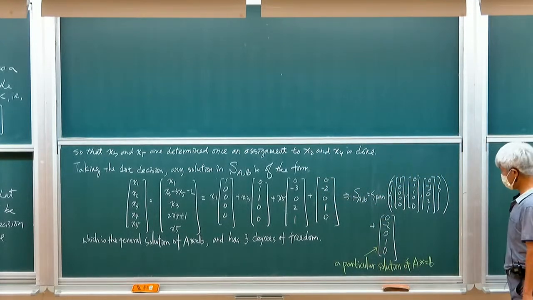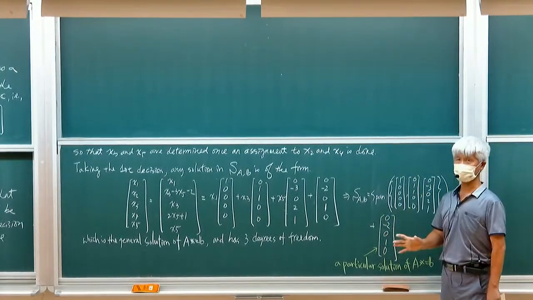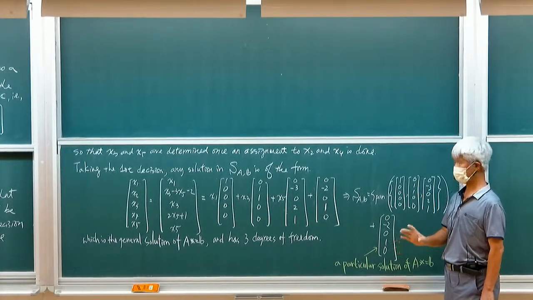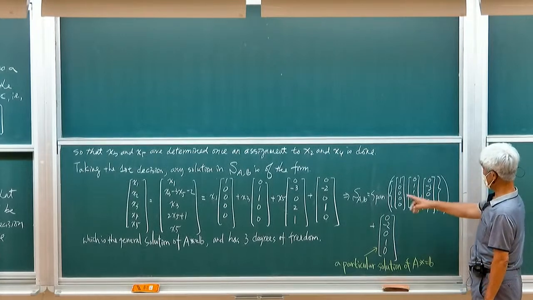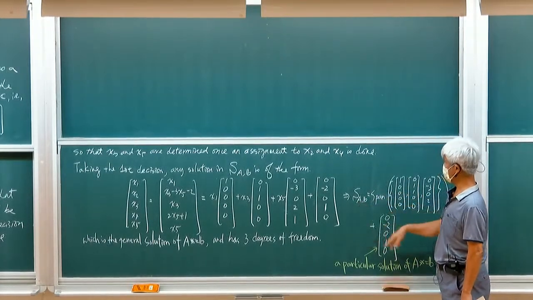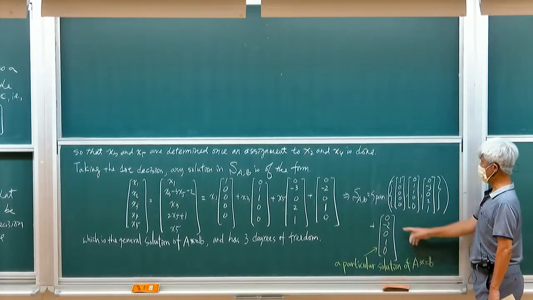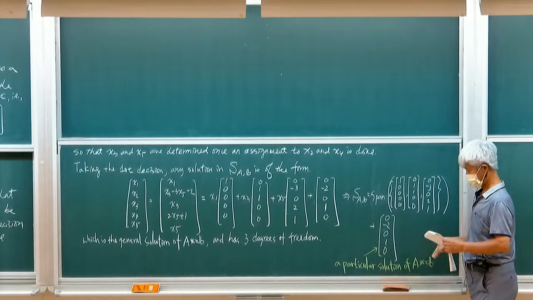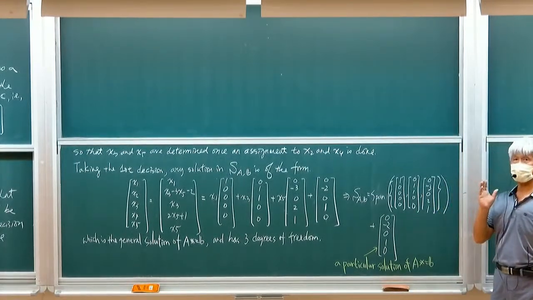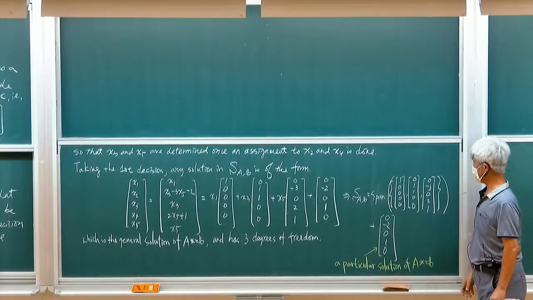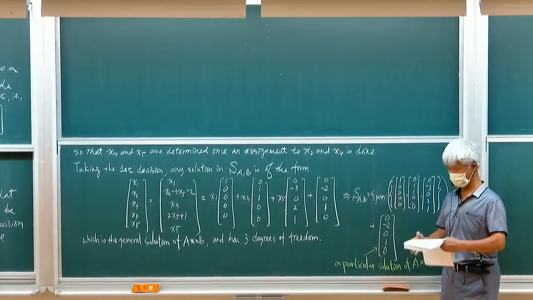Of course, you can find other particular solutions, but this is one of them. So the solution set is the span of the 3 vectors plus the particular solution. We will examine the meaning of this sum.